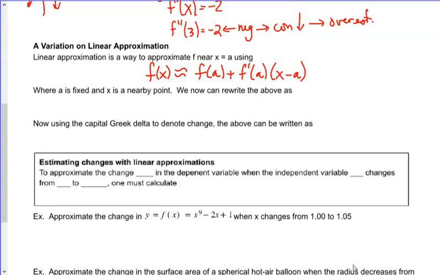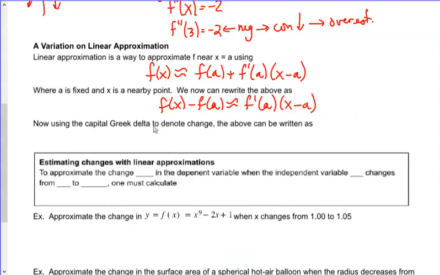So f of a plus f prime of a times x minus a. Now, where a is fixed and x is a nearby point, we can now rewrite the function above simply by subtracting, that f of x minus f of a is approximately f prime of a times x minus a. So just using a little bit of algebra here, okay?